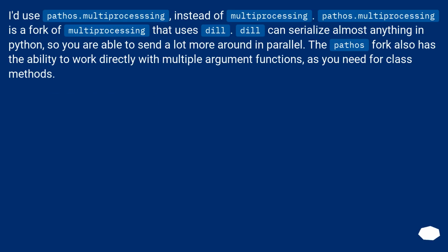I use pathos.multiprocessing instead of multiprocessing. Pathos.multiprocessing is a fork of multiprocessing that uses dill. Dill can serialize almost anything in Python, so you are able to send a lot more around in parallel. The pathos fork also has the ability to work directly with multiple argument functions, as you need for class methods.